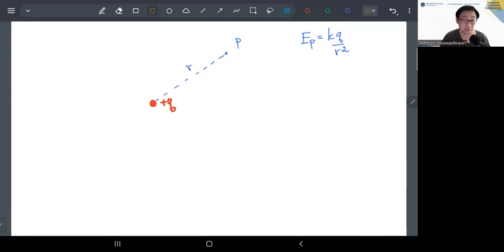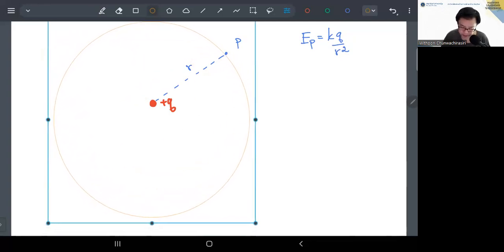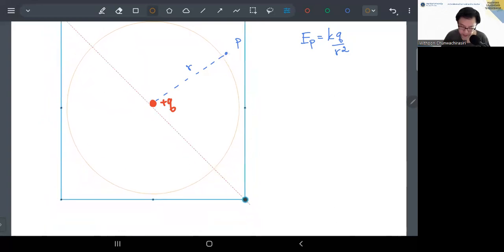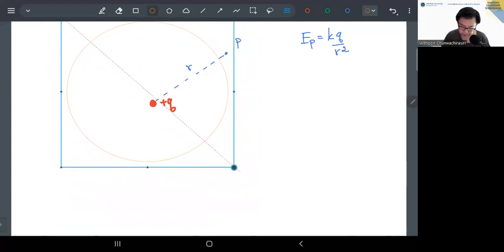So what I'm trying to say is I'm using symmetry to determine what shape of Gaussian surface I should pick. Because I have spherical symmetry, I should pick a sphere. So I hope I draw it well. Okay, is it good? I hope it's good. It's a little smaller. There you go.